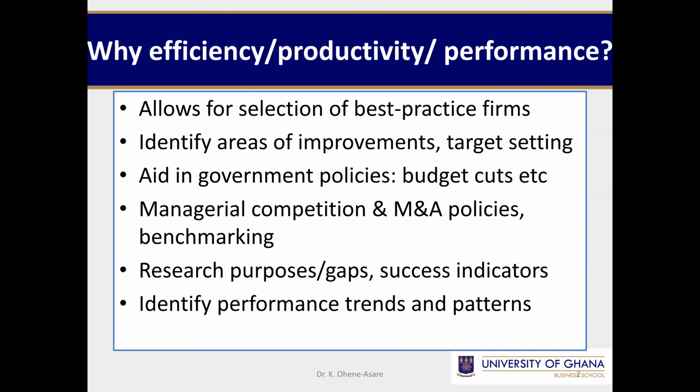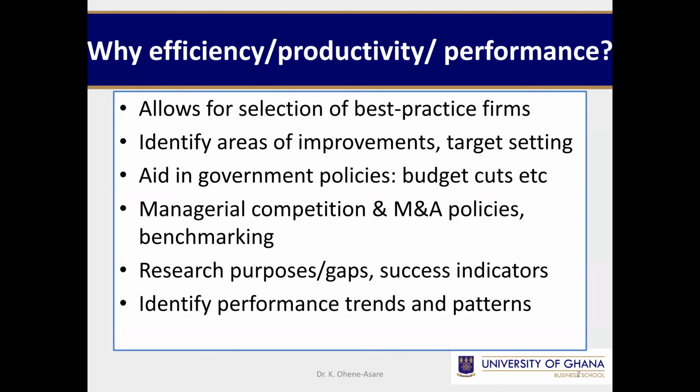Who are those? How do you identify them? You can't say that all of them are the same. What criteria, what methodology, what technique, what approach, how do you determine the best guys? And efficiency and productivity analysis will help you to be able to do that. That's one.